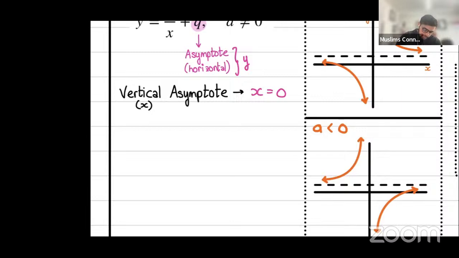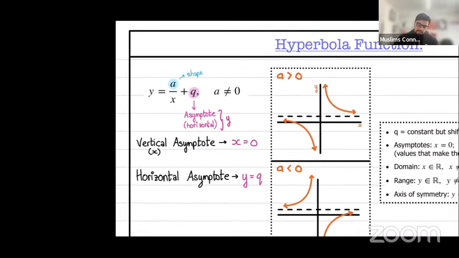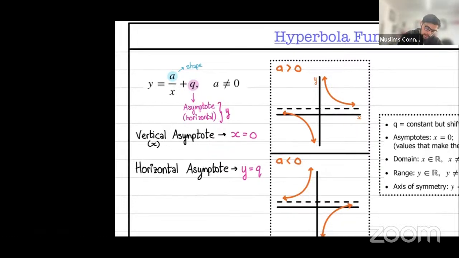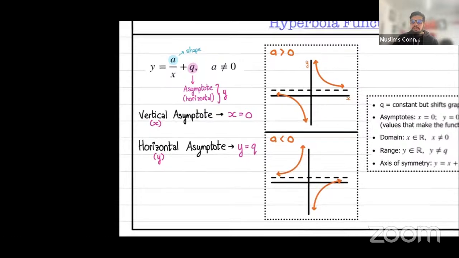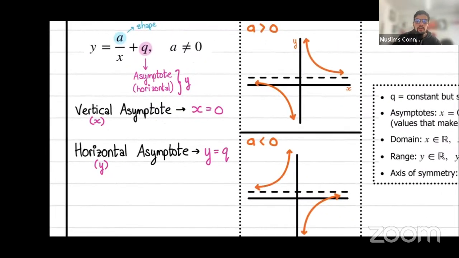We also have a horizontal asymptote, and this here is y is equal to q. Whatever the value of q is is our horizontal asymptote. Keep in mind that the vertical asymptote is an x asymptote and the horizontal asymptote is a y asymptote, because vertical lines have the equation x is equal to and horizontal lines have the equation y is equal to. So that's important.